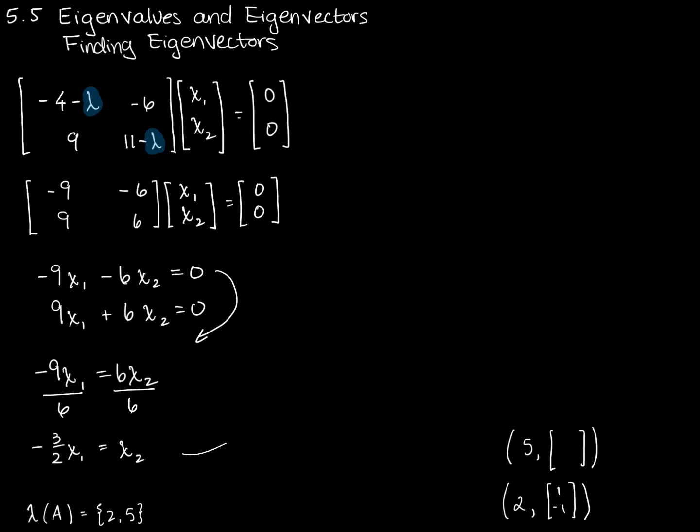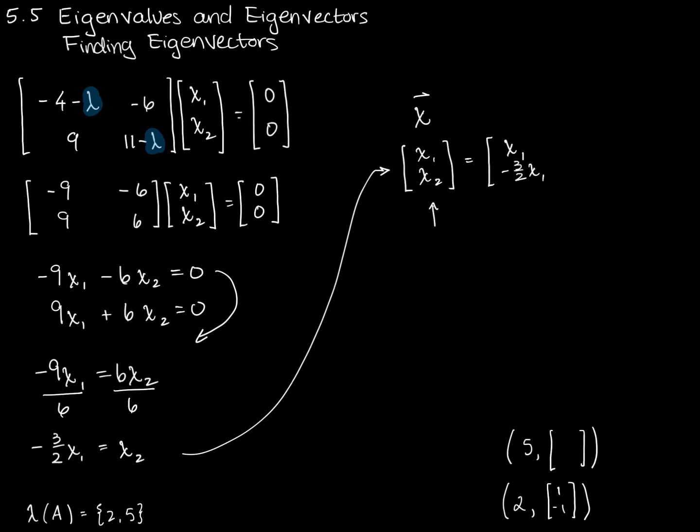So that means that my vector x1, x2, this is the thing we're just calling x, but this is it in its sort of expanded form, is equal to x1, and x2 could be written as negative 3/2 x1. So if I factor out an x1, I have a 1 and a negative 3/2. So my other eigenvector down here is 1 and negative 3/2.